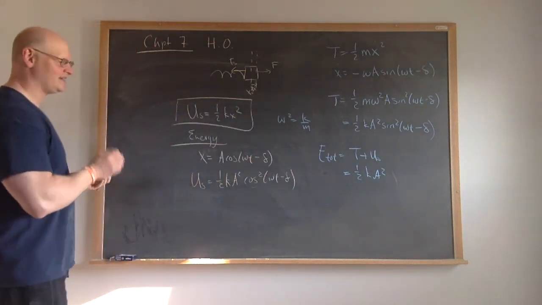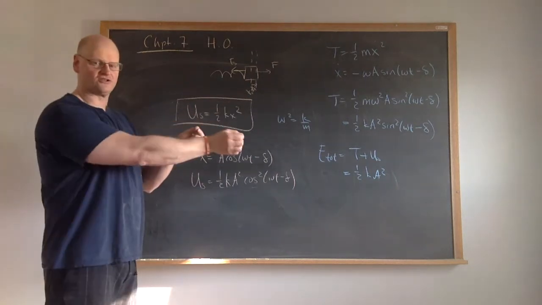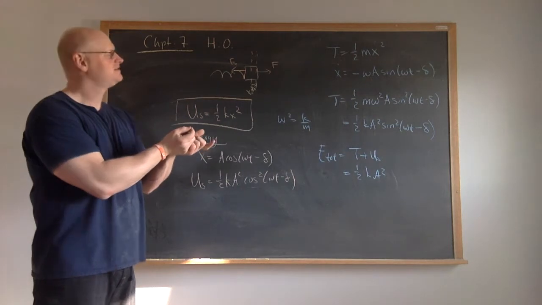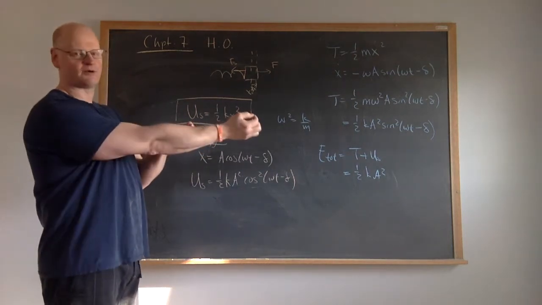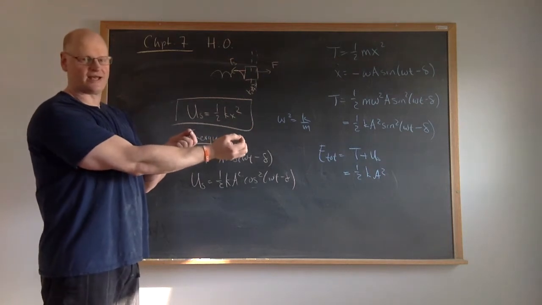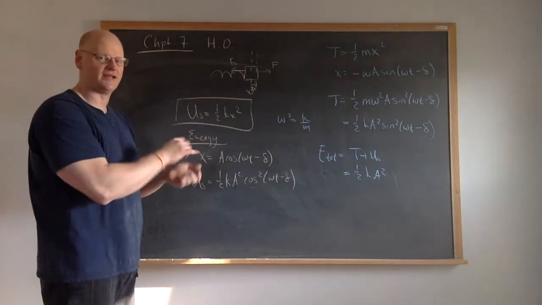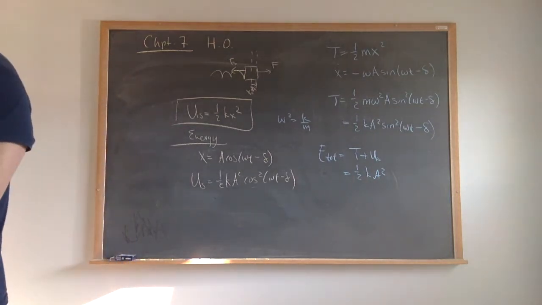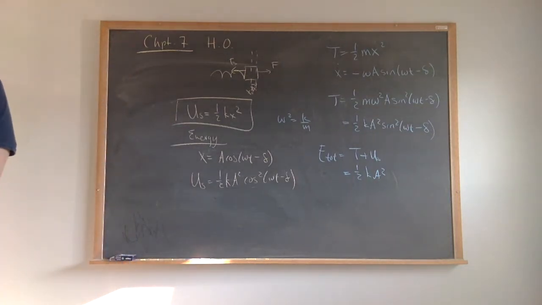So as it's moving along its trajectory, when it's at the origin, it has maximum kinetic energy, so 0 potential energy. By the time it reaches its maximum displacement, it has maximum potential energy but 0 kinetic energy, and anywhere between it has a summation of the two. So the total energy is simply the sum of these two oscillating terms, where the energy is oscillating between each one.